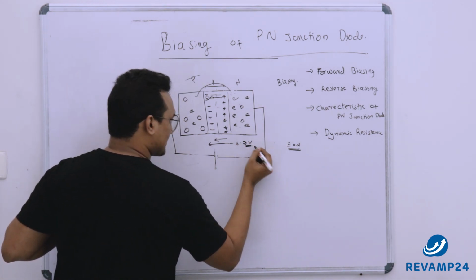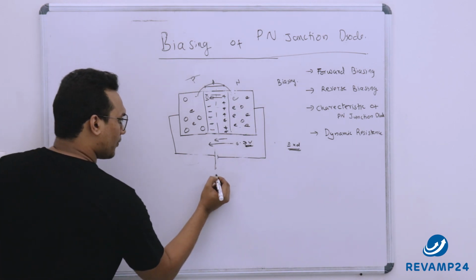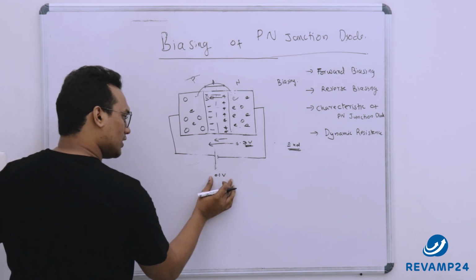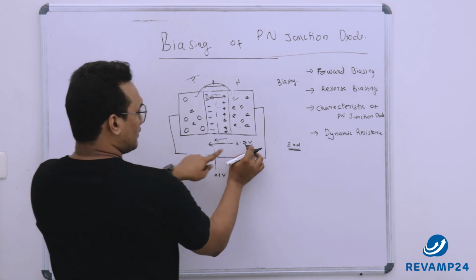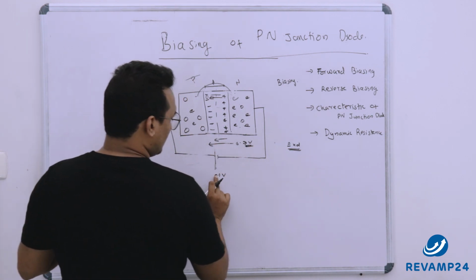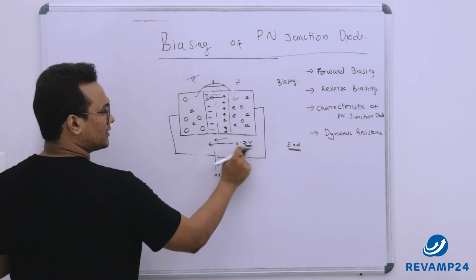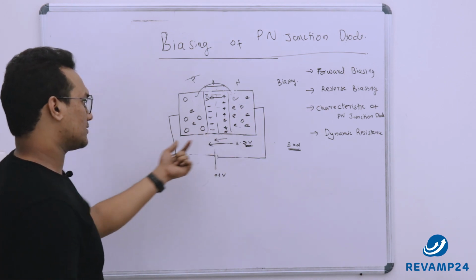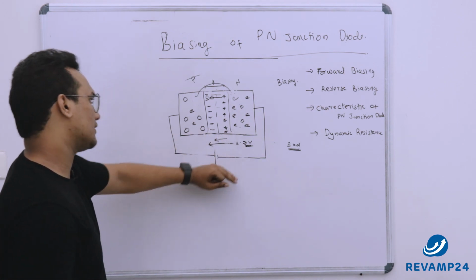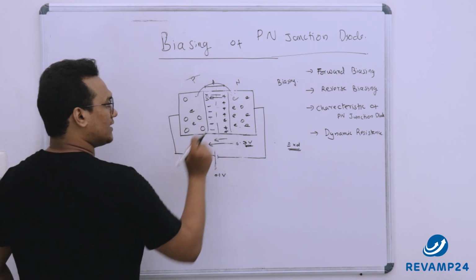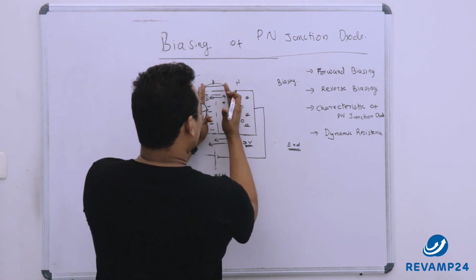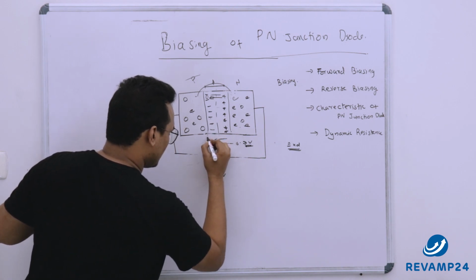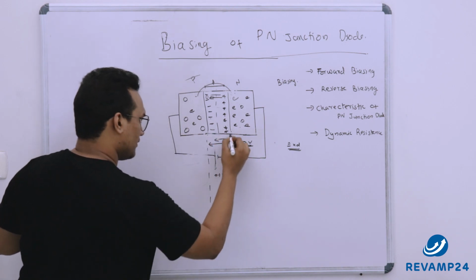Say the barrier potential is 0.7 volt. If I am giving 0.1 volt, will there be a current? No, because 0.1 volt applied against 0.7 volt is not enough to overcome it. But what will happen is that the potential difference across this is 0.7 when the EMF is not connected. When 0.1 is connected, this width will decrease. This is the initial thickness, right?